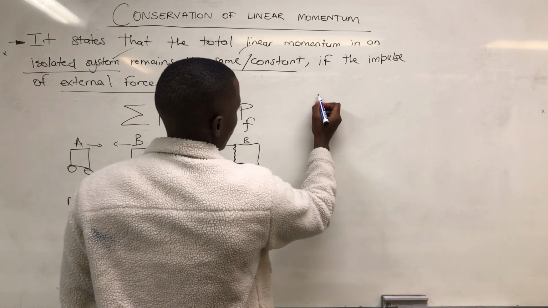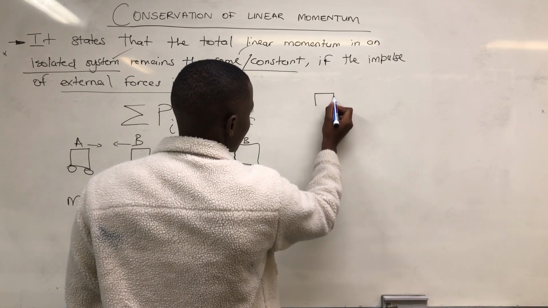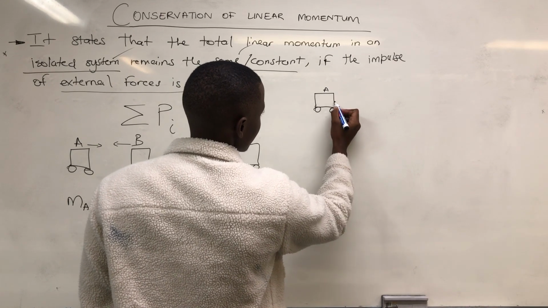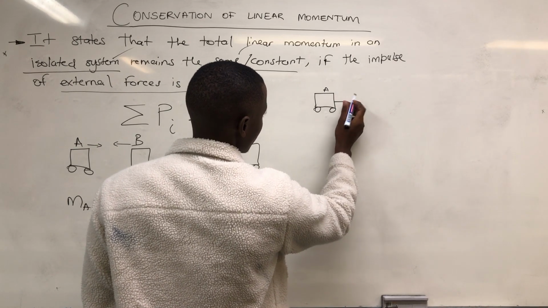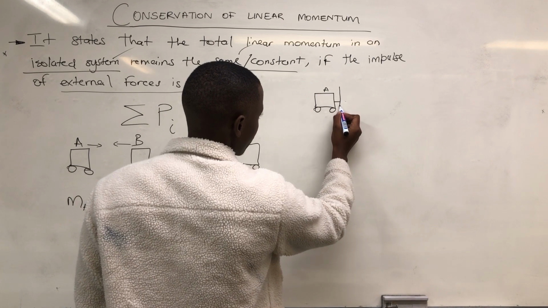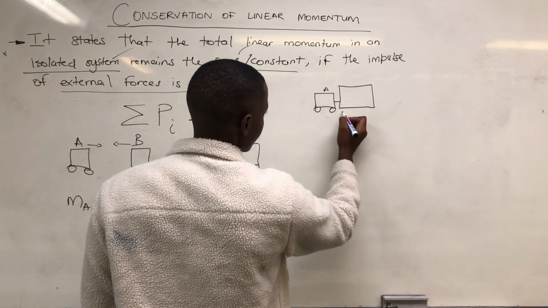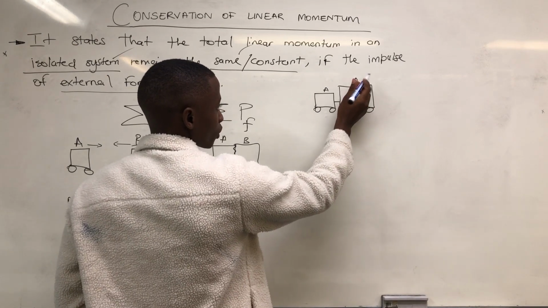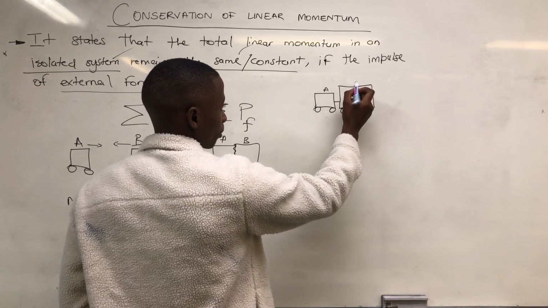All right. So let's say now, object A is in contact with object B. So that means that they are in contact. And this is an example of a car. Sorry, this is object B. Sorry about that.